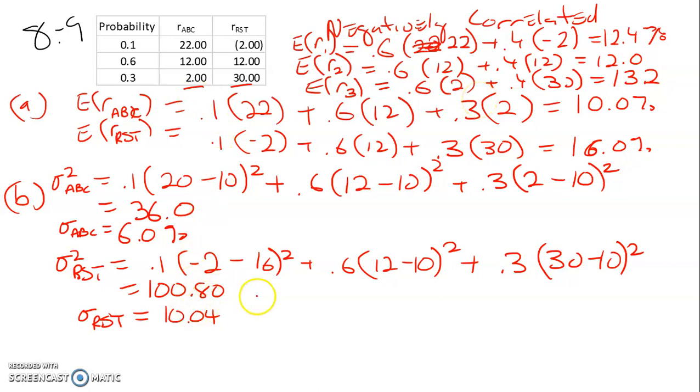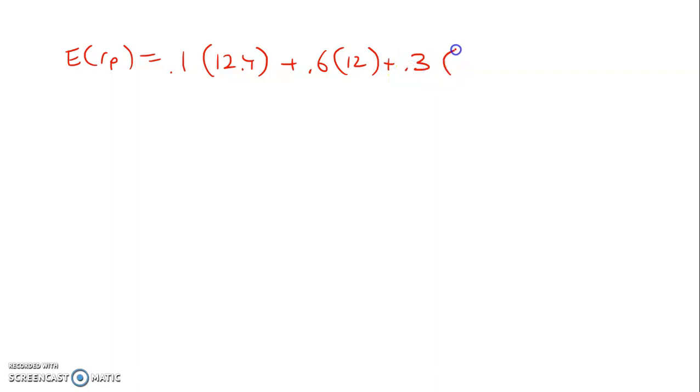So we'll see that when we calculate the expected return and standard deviation. Do that on the next page. Okay, so expected return for our portfolio is 0.1 multiplied by the 12.4% plus 0.6 times 12% plus 0.3 times the 13.2%.